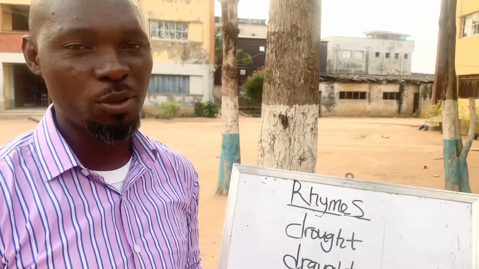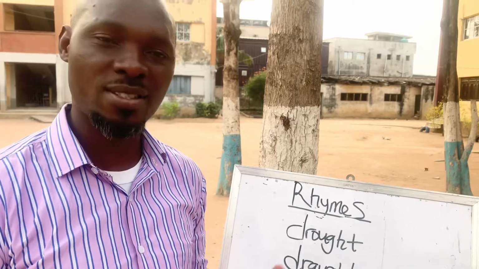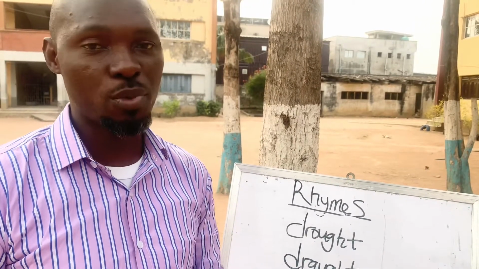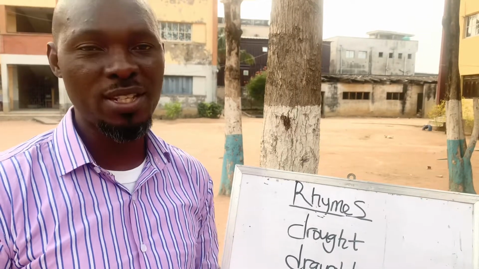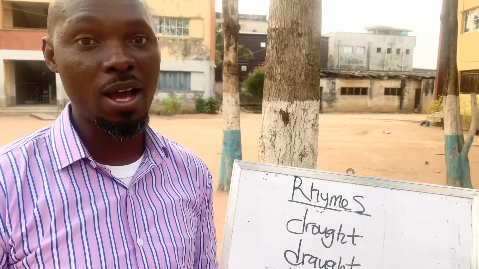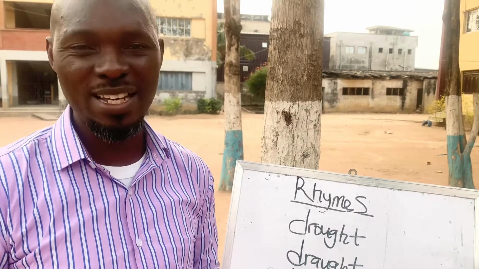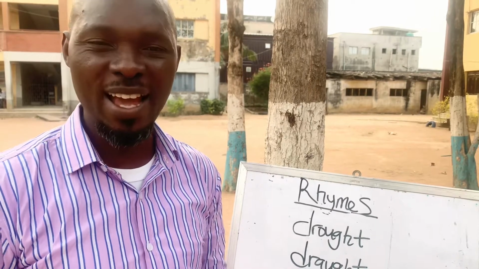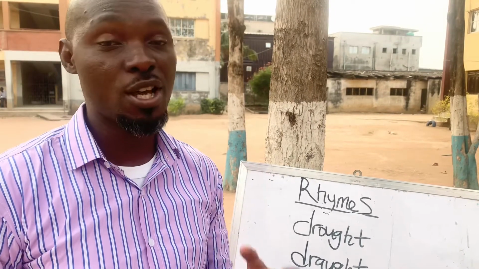So I want us to take a look at these words and let us work together and see the ones that actually rhyme. But before we do that, two things students must understand and take note of when it comes to rhymes are, first, they should pay attention to the sounds. Can I repeat that? Students should pay keen attention to the sounds.